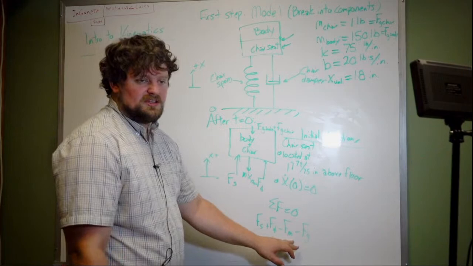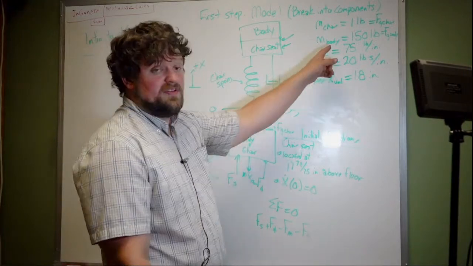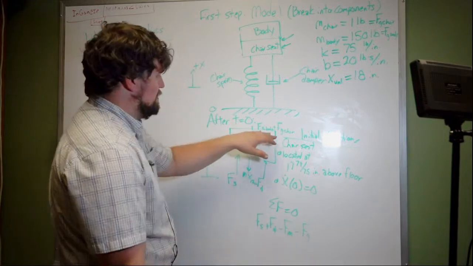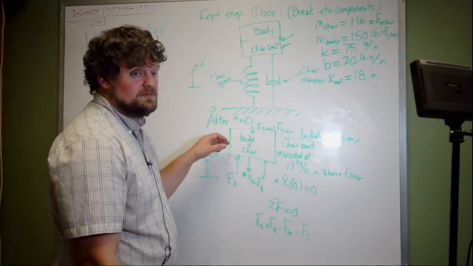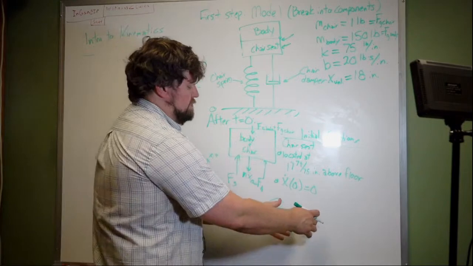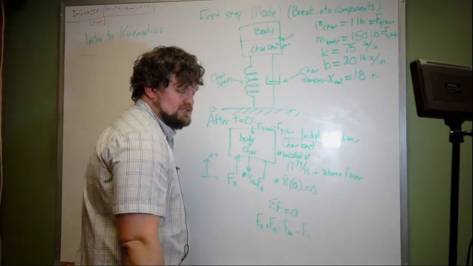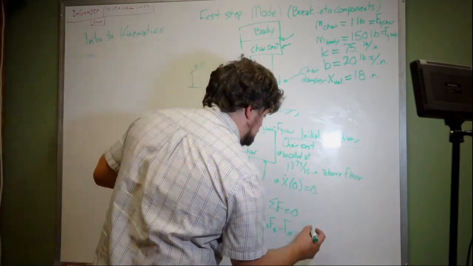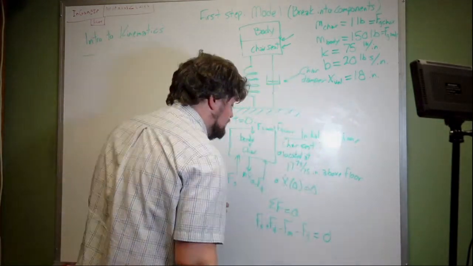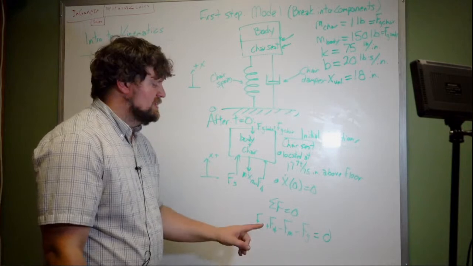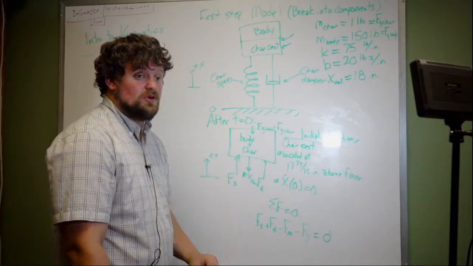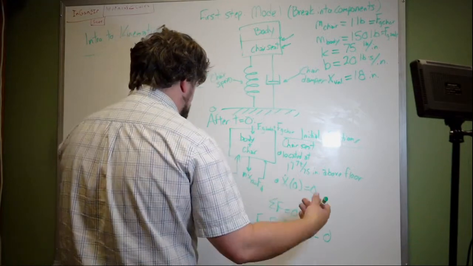We'll have to take M into consideration for now being 151 pounds, and Fg for now being the sum of both of these. Rather than write out these two plus each other, I'm just lumping them together. This is equal to 0. Same exact equation as we were dealing with earlier. The only difference is now these are non-zero entities because this is moving.